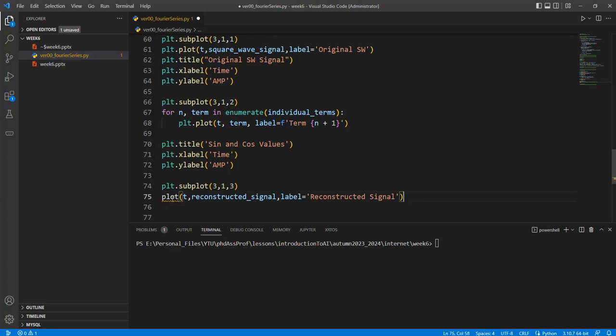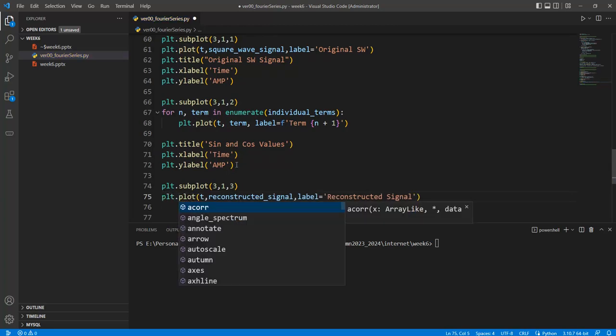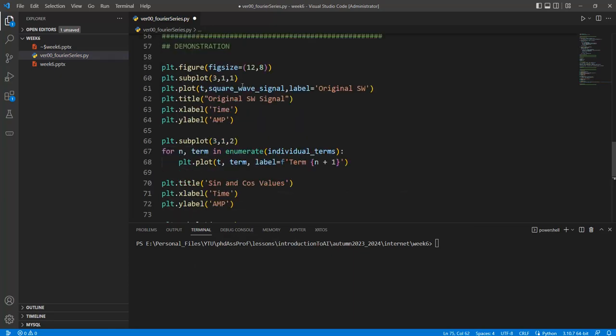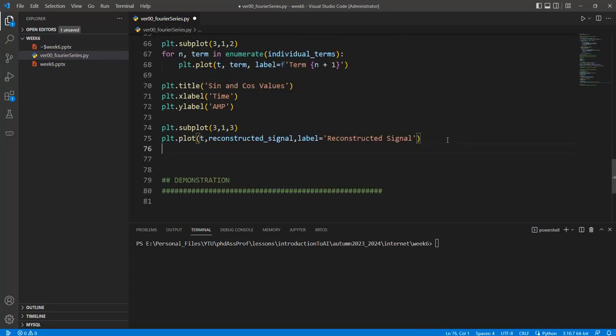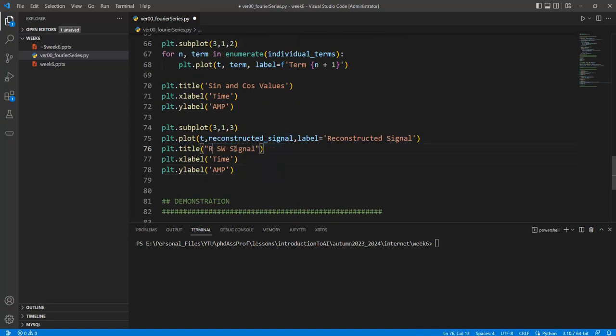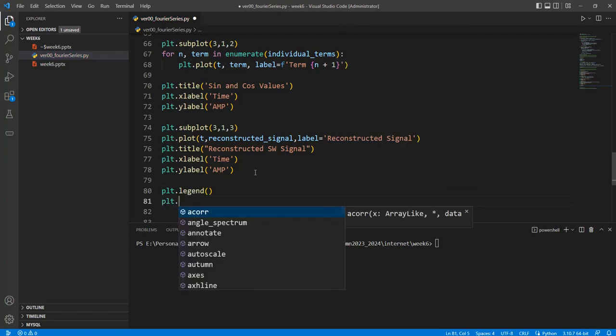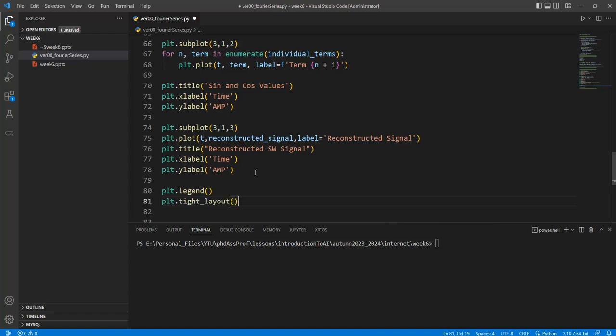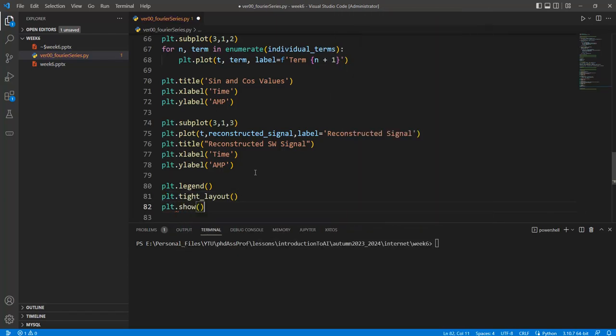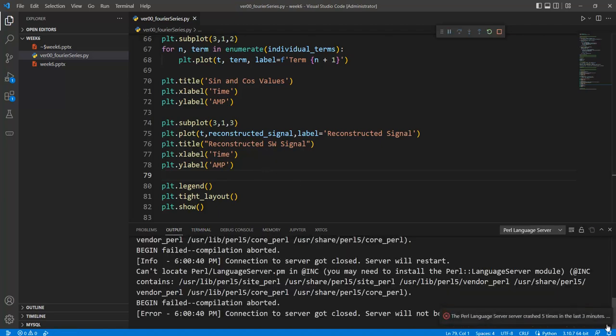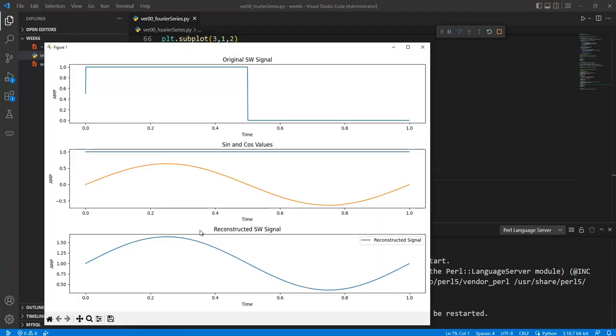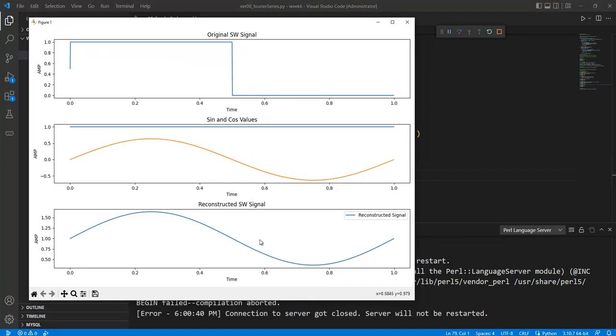These are the codes, plt, right, and the other terms are the same with this notation, and so reconstructed signal versus time and amplitude, but plt legend should be called in order to visualize all of these things, and tight layout and plt show must be given, okay. And so if I run this code, then we will have this signal like this one, okay.